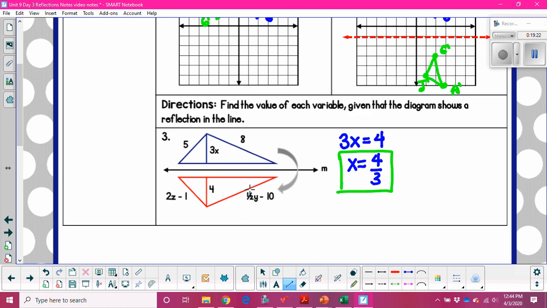So we have 1/2 y minus 10 right here. It corresponds with 8 up here. So our equation is 1/2 y minus 10 equals 8. If you add 10 to both sides, you're going to get 1/2 y equals 18. To solve for y, you multiply both sides by 2, so you get y equals 36.